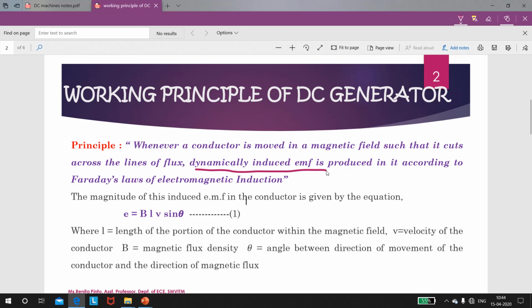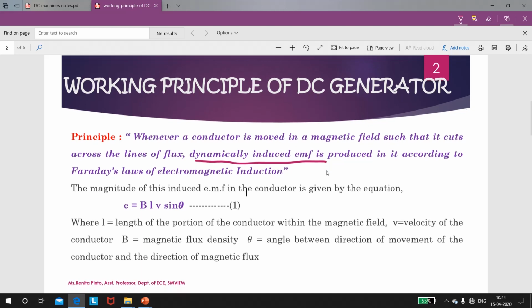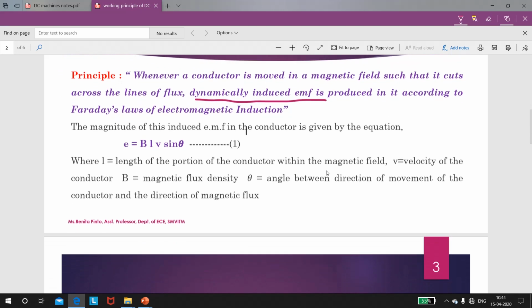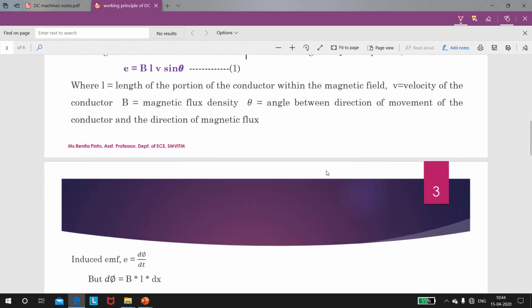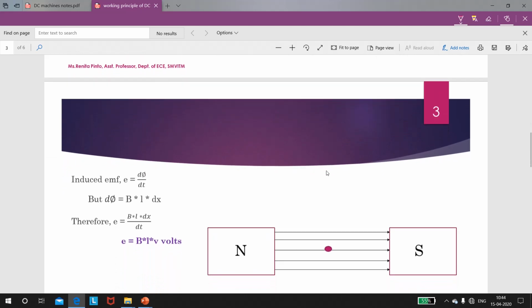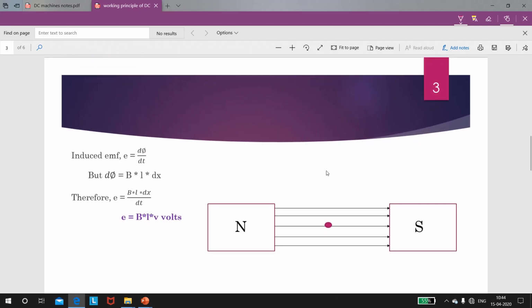Now let us see this dynamically induced EMF in detail. So I will consider a conductor of length L. So let L be the length of the conductor. Let B be the flux density.